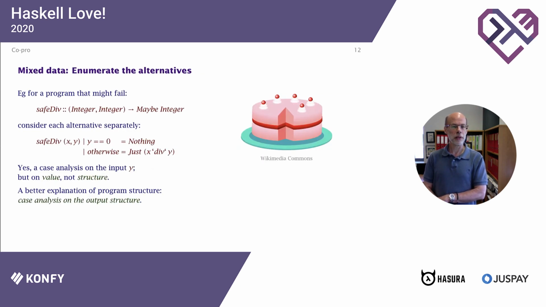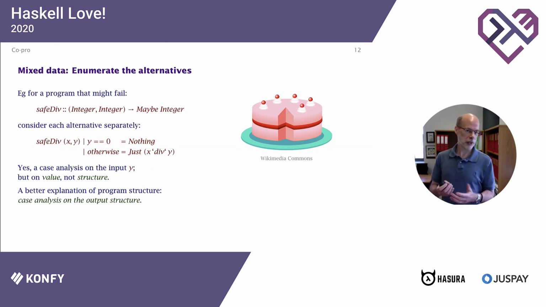Here's some mixed output data. So this is division, which takes a pair of integers and produces their quotient rounded down. But of course it might fail because the divisor might be 0. So this is producing an optional result. It either produces just the quotient if the divisor is non-zero, and it produces nothing if the divisor is 0.